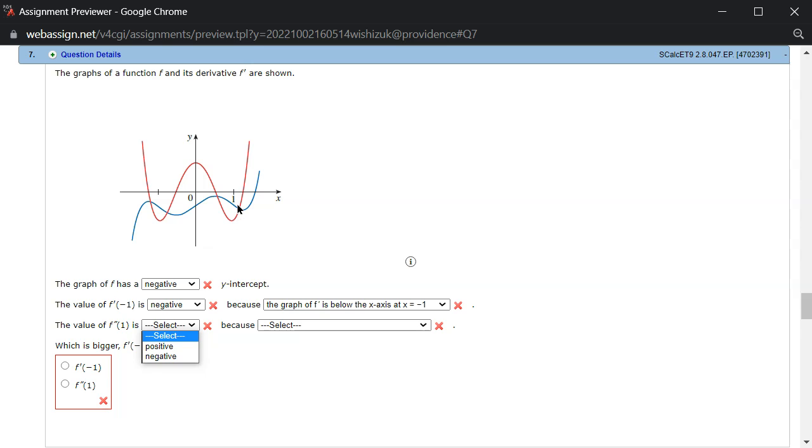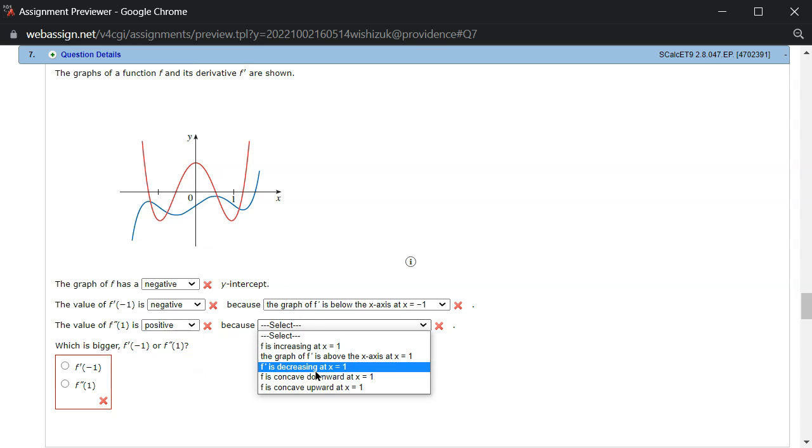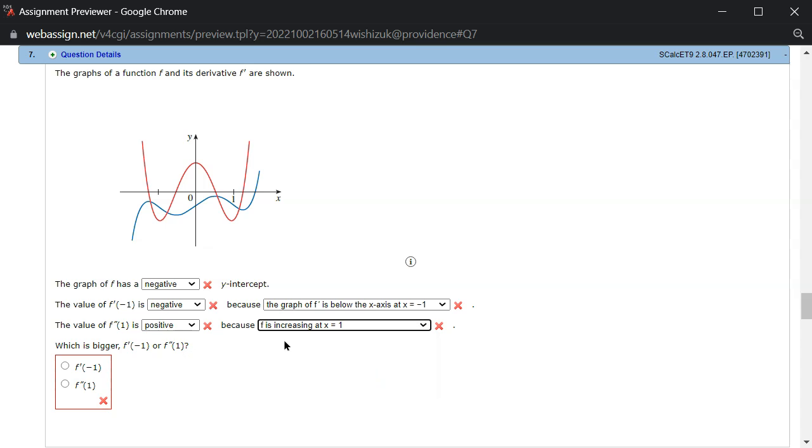So the second derivative is going to be positive, because the derivative is increasing at x equals 1. That's the reason. Then if you compare f prime of -1 and f double prime of 1, this one is negative and this one is positive. So we know that f double prime of 1 is going to be larger.